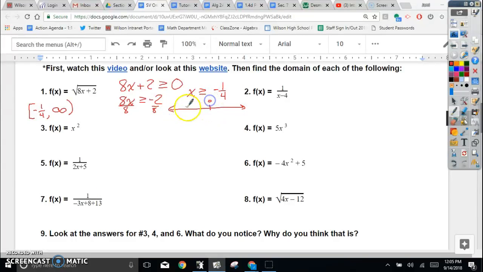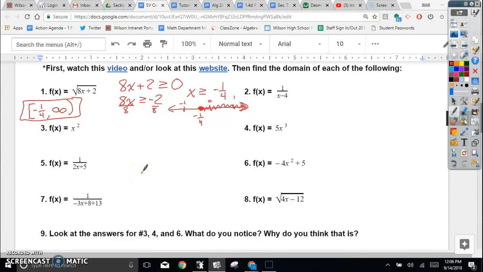So if this was on a number line, we would have -1/4 right here, and the arrow is pointing to the right, so we're greater than that. So you can see that this is the smallest number that works, thus you start with -1/4, and it continues to go to the right up to positive infinity, and that's why we have infinity. This is it. That's your domain, ladies and gentlemen.